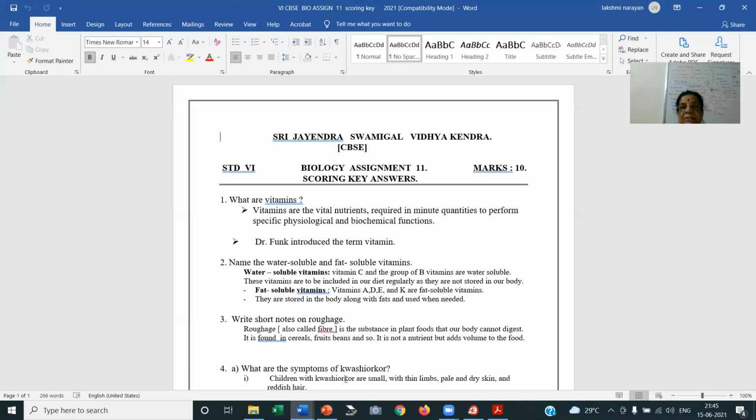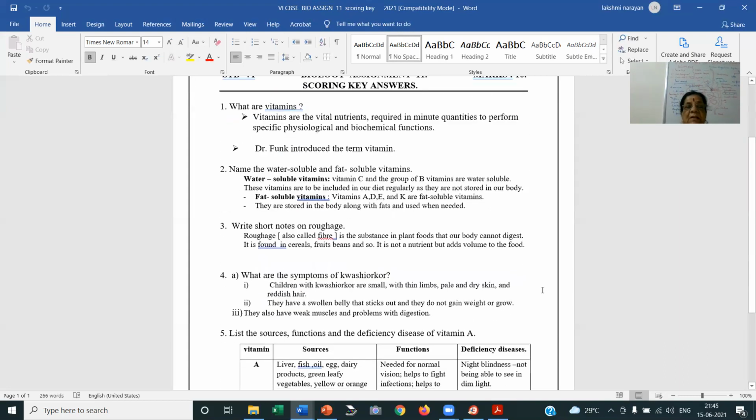And Dr. Funk introduced the term vitamin. Next, name the water soluble and fat soluble vitamins. Water soluble vitamins are vitamin C and the group of B vitamins.